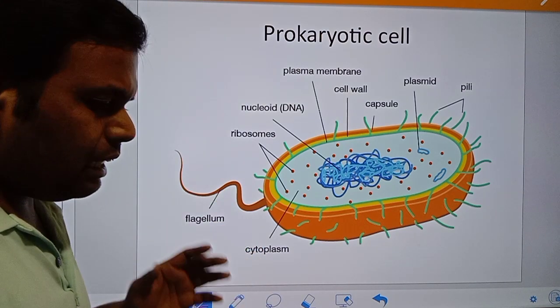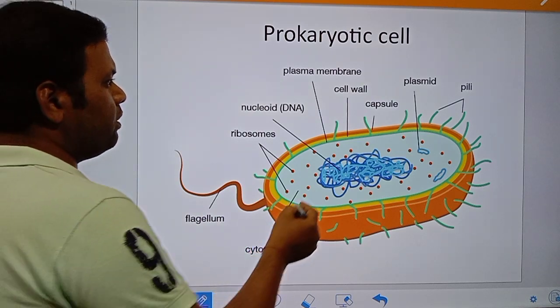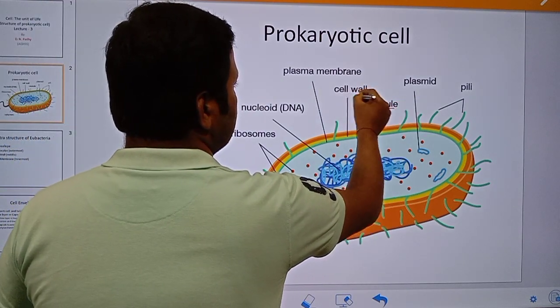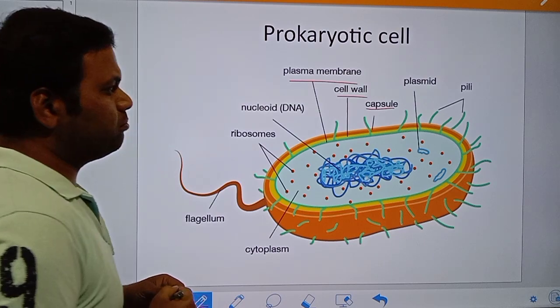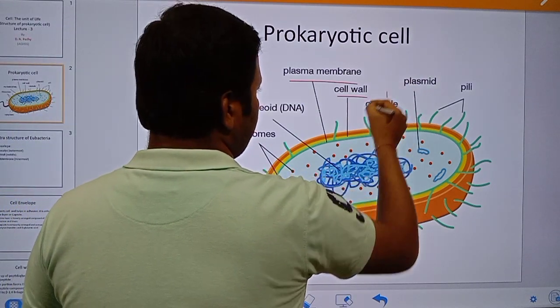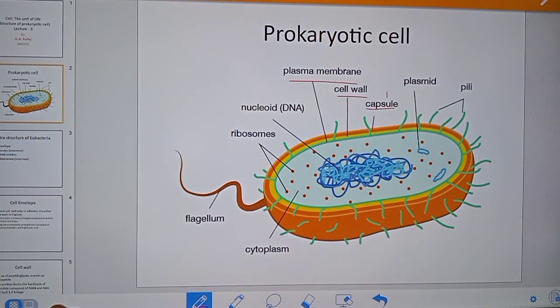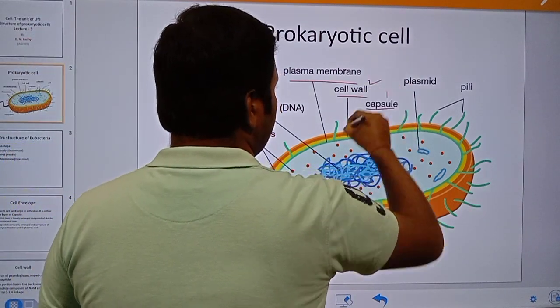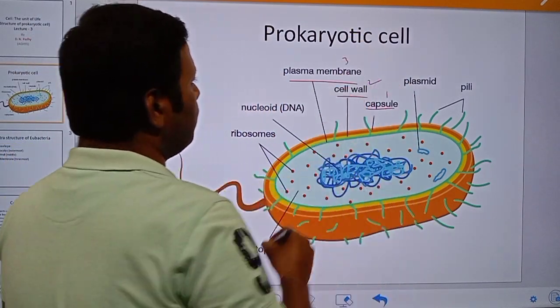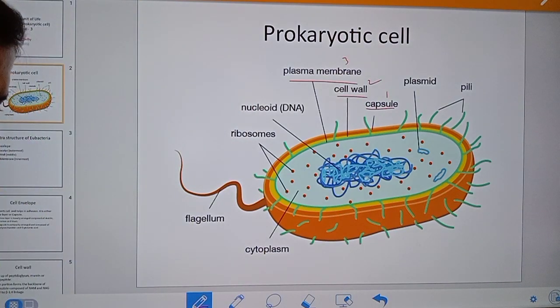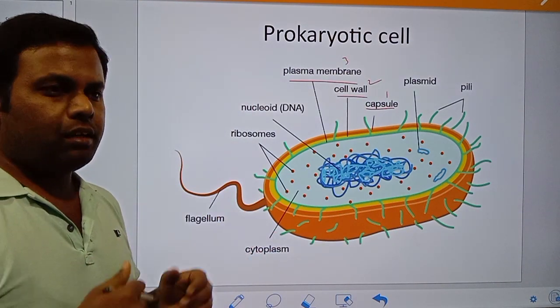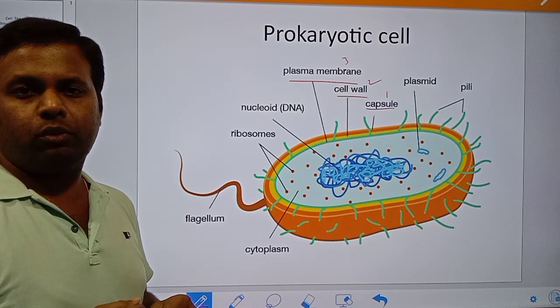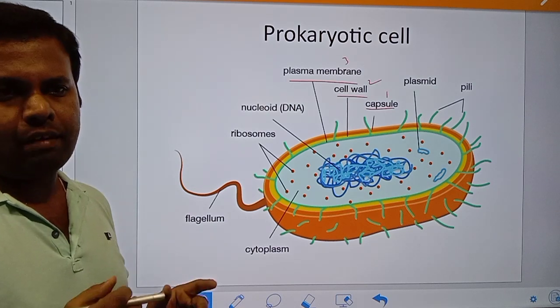So what does the cell envelope include? It contains the capsule, cell wall and plasma membrane. These three structures: the capsule is the first, outer one. Then, inner to the capsule, the cell wall is present, and the third one is the cell membrane. These three outer structures together are called the cell envelope.